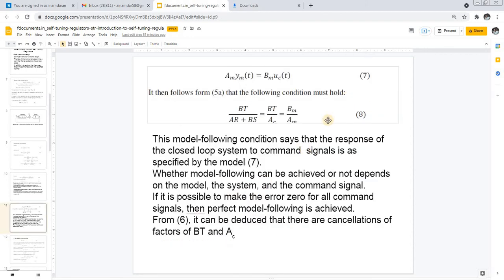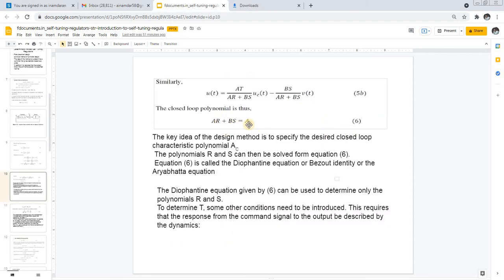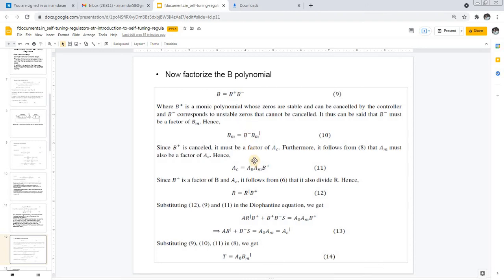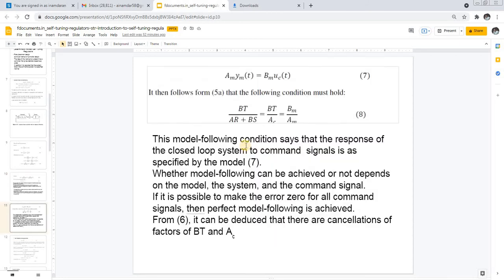So from equation 6 of Diophantine equation, it also divides R. So R will become R equals R dash and B plus. Now we have to substitute equation number 12, that is R equals R dash B plus, equation number 9, B equals B plus B minus, and equation number 11, AC equals A naught AM B plus, in equation number 6.